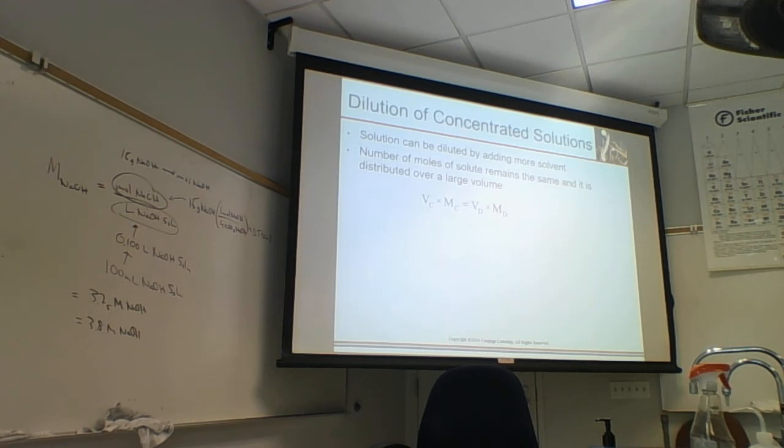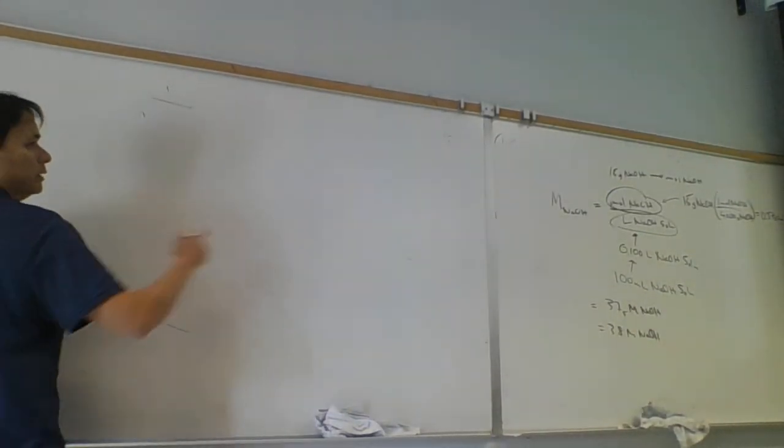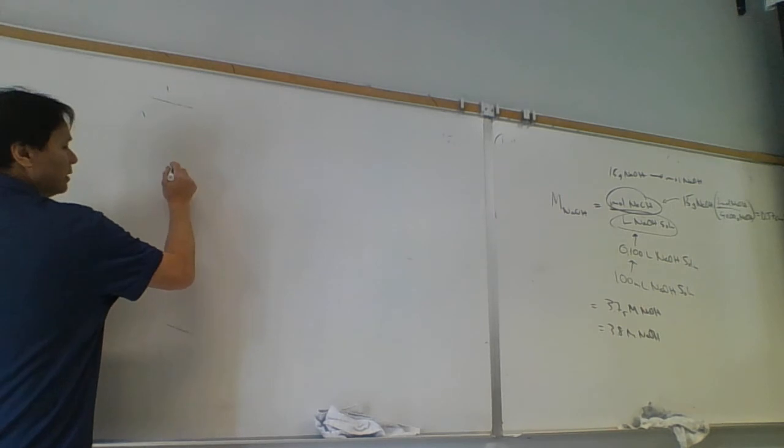This is the solution-dilution equation. In lab, we typically use this in one of two ways. One way is just to figure out the diluted concentration or dilution that we need. And so we typically rearrange that like this.